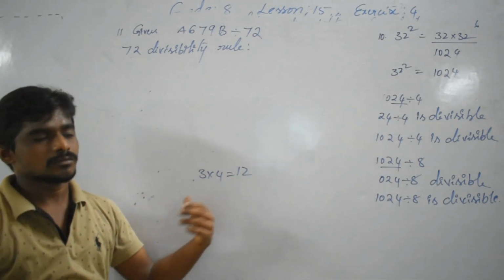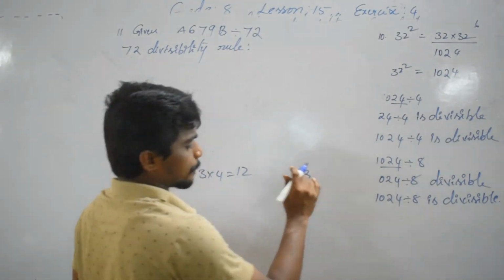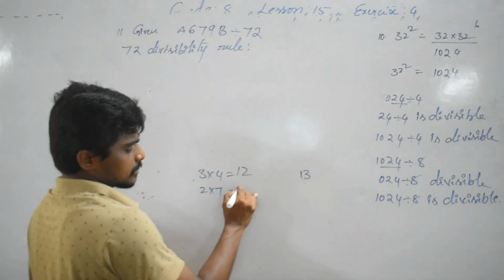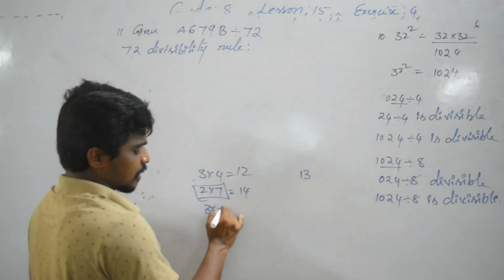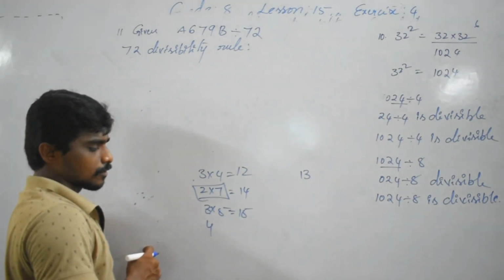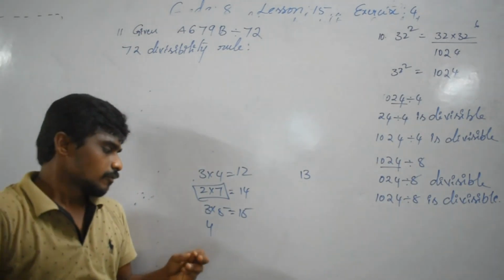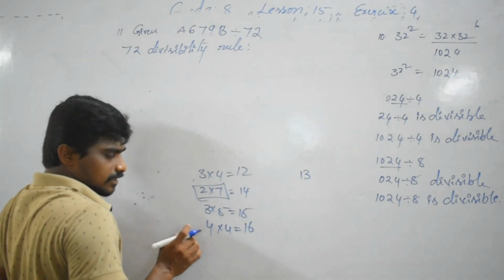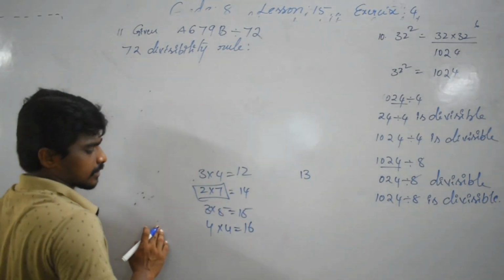That is the 12 divisibility rule. The 13 divisibility rule is different, why? Prime number. 14 divisibility rule, 2 7s are 14. Next 15, 3 5s are 15. 16, the 4 divisibility rule, like the last 4 digit numbers. 4 4s are 16. So 4 uses the last 2 digits, 8 the last 3 digits, 16 the last 4 digits.